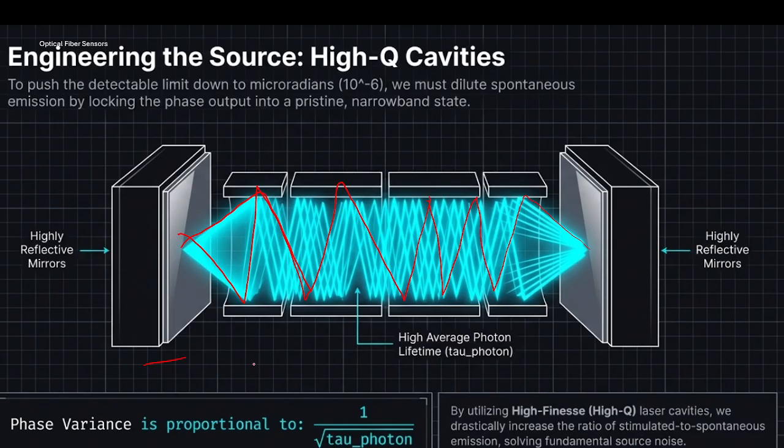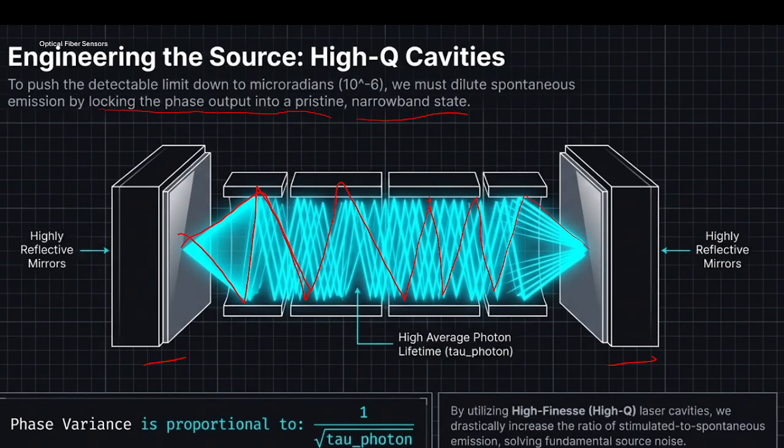If you have a high quality cavity with high finesse, after keeping different optics, we can reduce it. The spontaneous emission we can also reduce by locking the phase output into a pristine narrowband state. Okay, did you understand what I am saying?